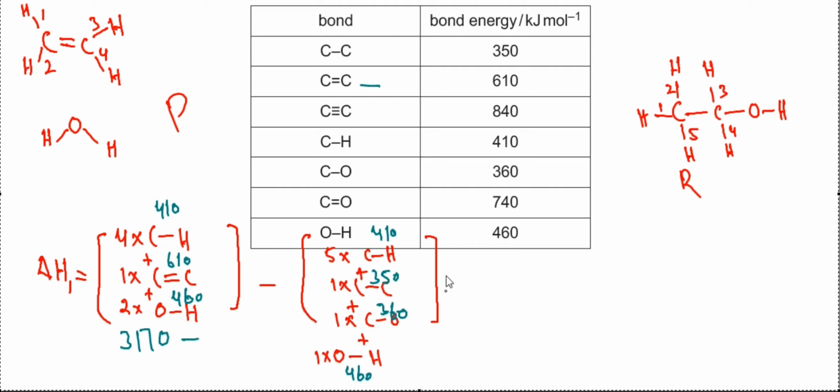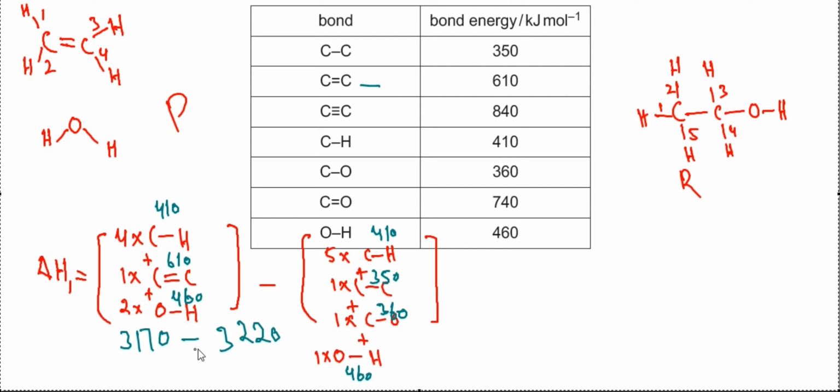Minus, now the products, let me calculate the products. This is 5 times 410 plus 350 plus 360 plus 460. So the answer is 3220.